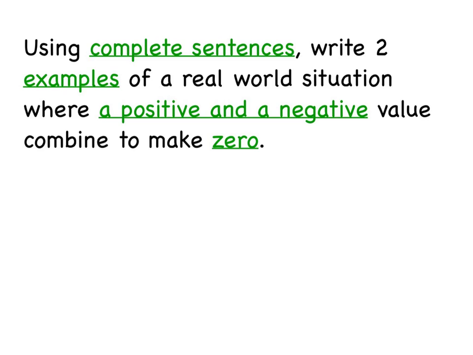Another example, the temperature increased 2 degrees and decreased 2 degrees. We would end up at a 0 value as far as the change in temperature. Another example for a board game, I moved forward 3 spaces, I moved backwards 3 spaces. We're at 0 or our starting point.